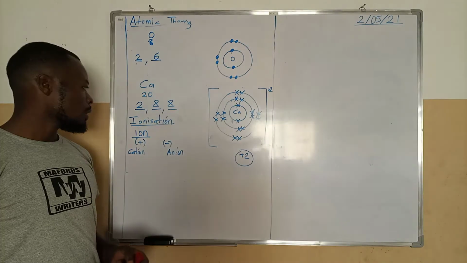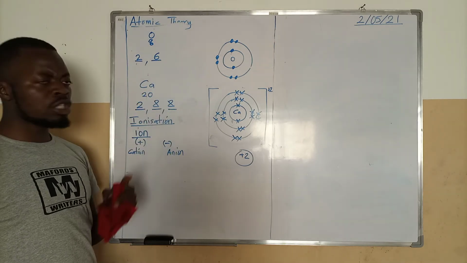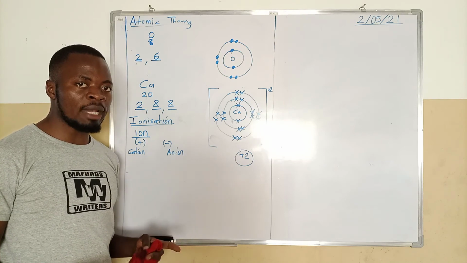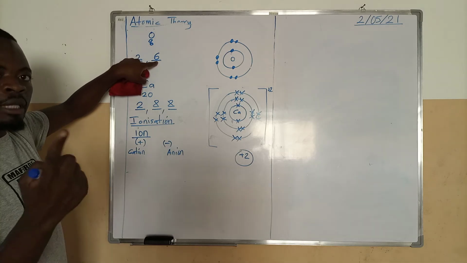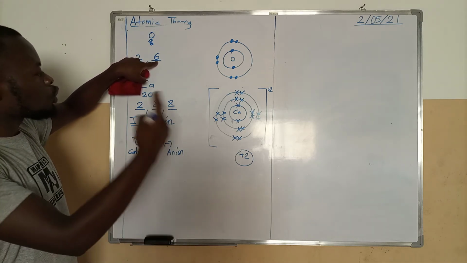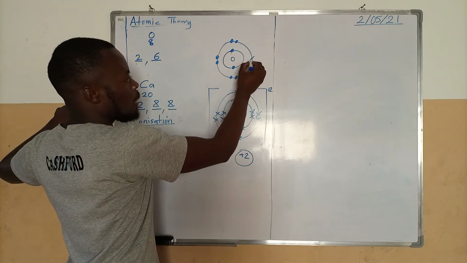Then the anions, like oxygen. For it to become stable, it needs 2 electrons, because in the last shell, it has 6. Now it needs 8 to reach its maximum. So it will get 2 electrons maybe from another atom, meaning you have 2 different electrons.